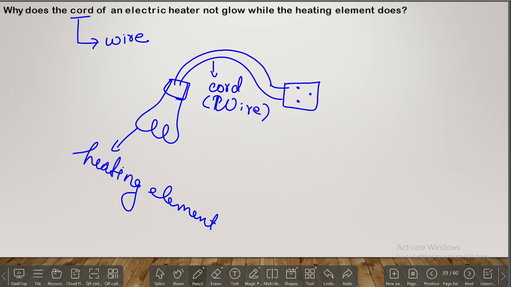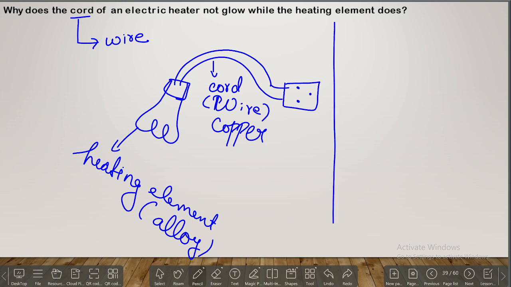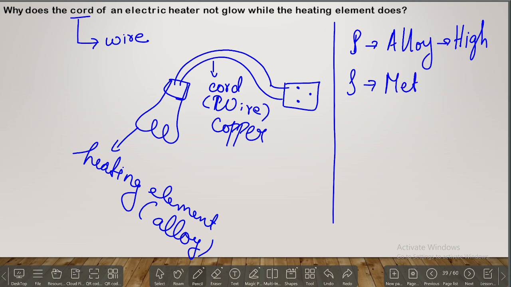Generally, the wire you are using over here will be made up of copper. That means it's a pure metal. Whereas the heating element is made up of alloy. Already we learned the resistivity of alloy will be high, whereas the resistivity of metal is going to be low.